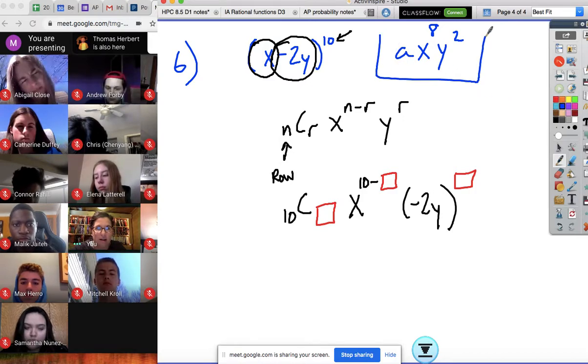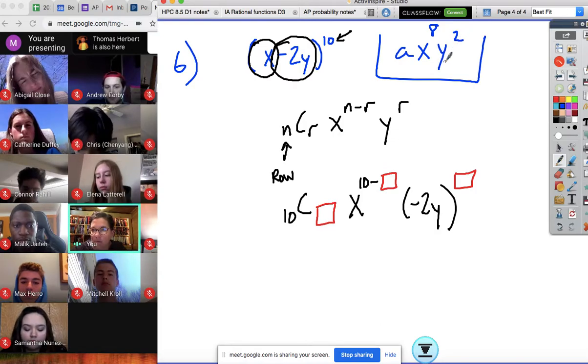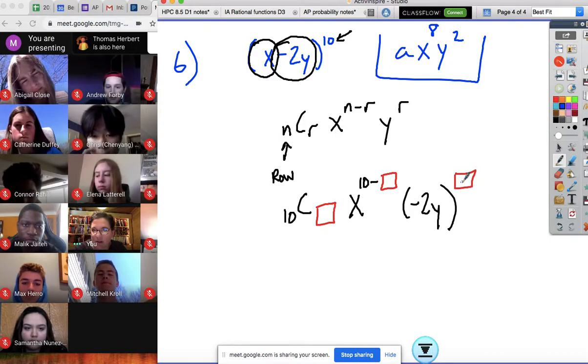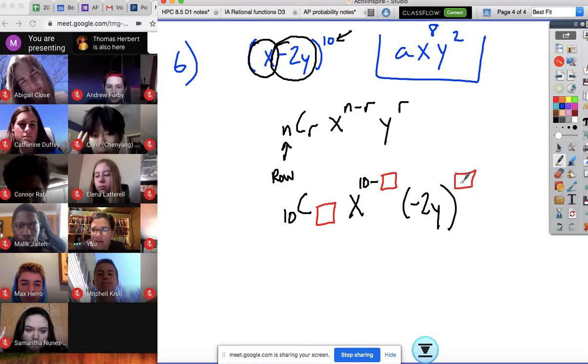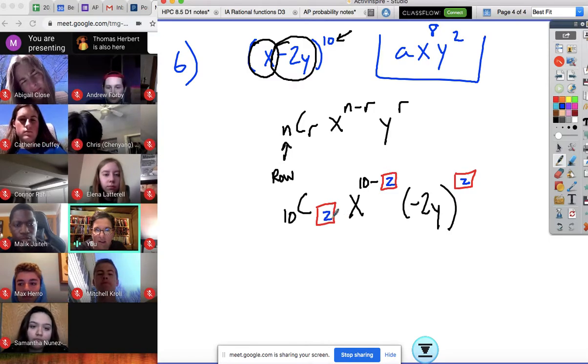See right here, my big clue is that I need to end up with a y to the second power. So do you see what should go in this box? Hold up your fingers. What should go in the red box? Yep, a 2.